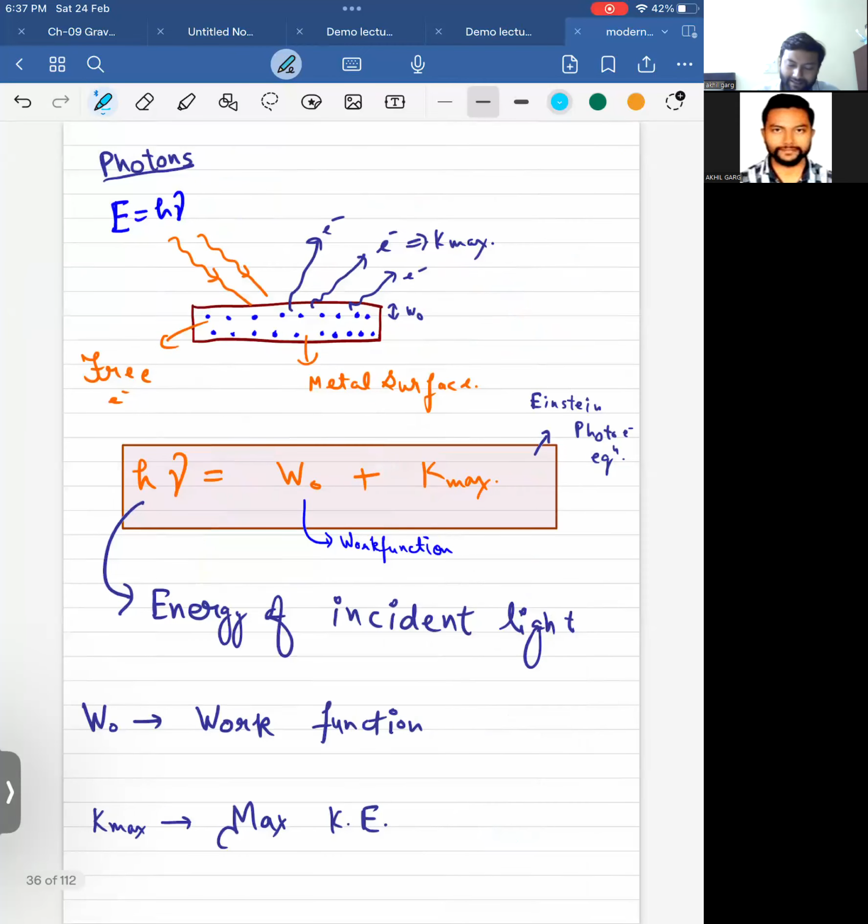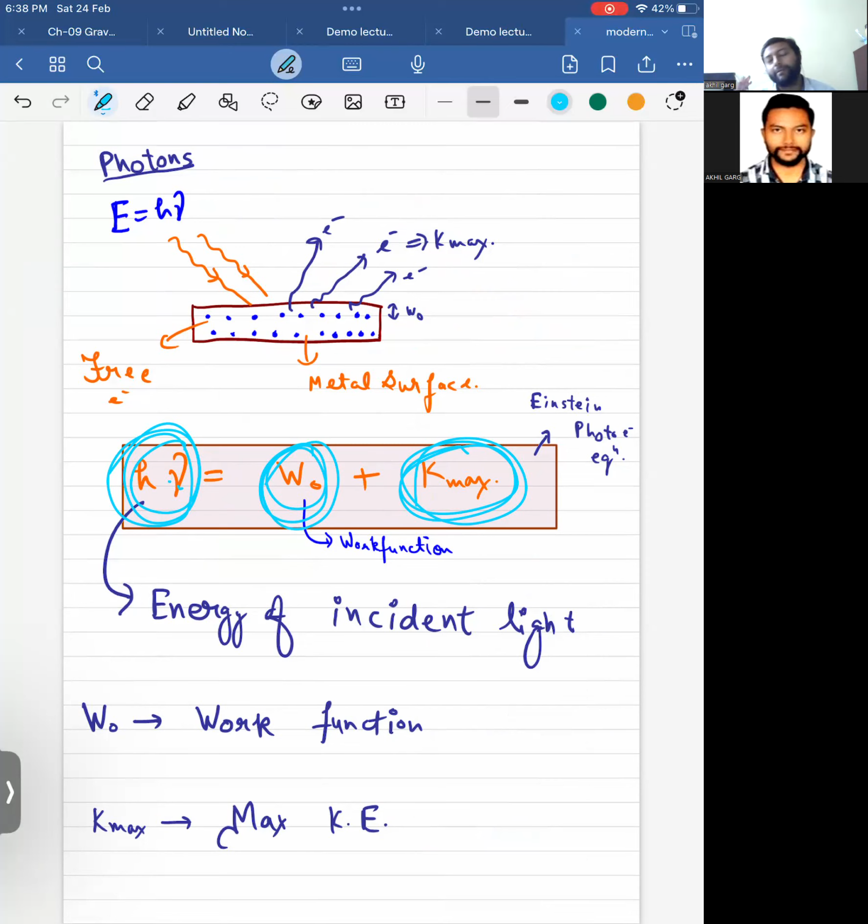Okay, so see here, E equals h nu is the energy incident, work function is the minimum amount of energy required, and the rest of the energy goes into the maximum kinetic energy of electrons. So basically, the energy of incident photons gets converted into two types of energy, that is work function and kinetic energy.